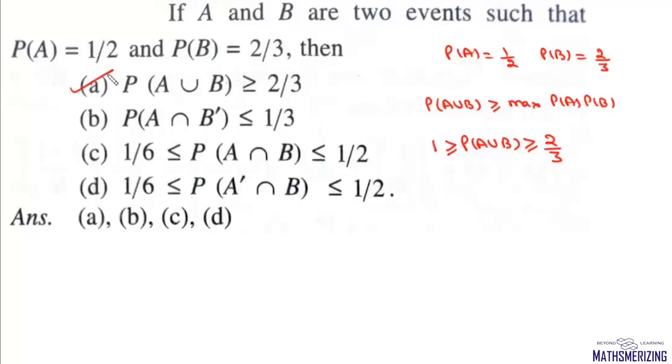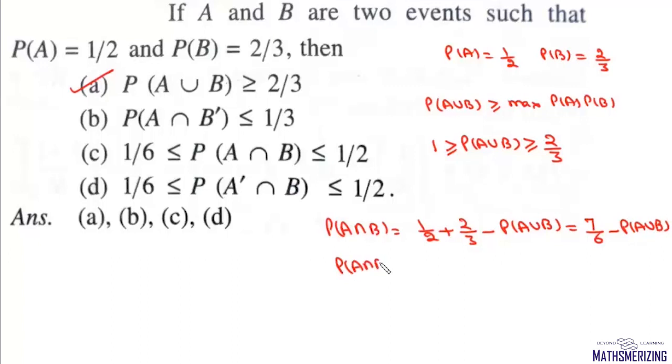Now if we look at A intersection B, we can write probability of A intersection B as probability of A plus probability of B minus probability of A union B, which is 7 by 6 minus probability of A union B. Now this value will be maximum when A union B is minimum, which is 2 by 3.